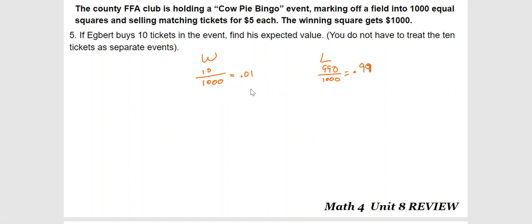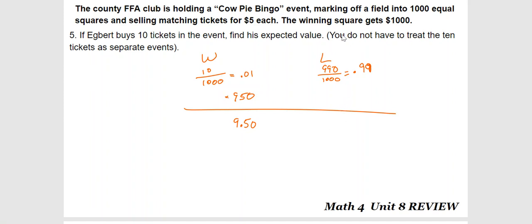And then his expected value, if he wins, he gets the $1,000 less the $50 he spent on 10 tickets. So 1,000 minus 50 would be 950. Which is going to do that.